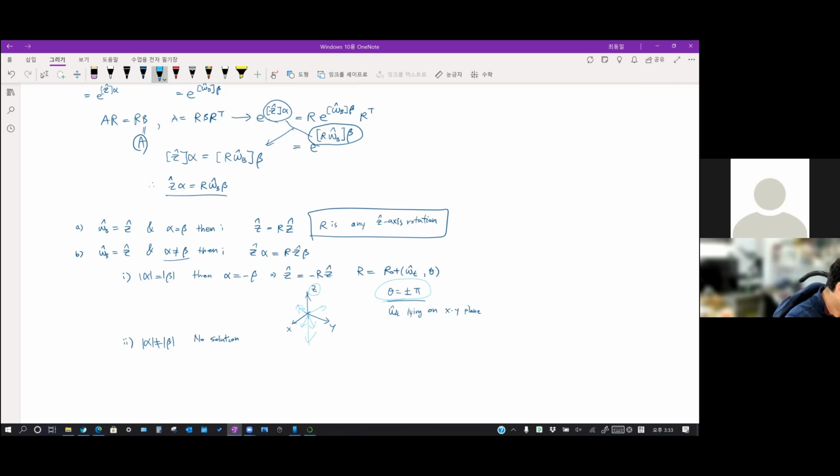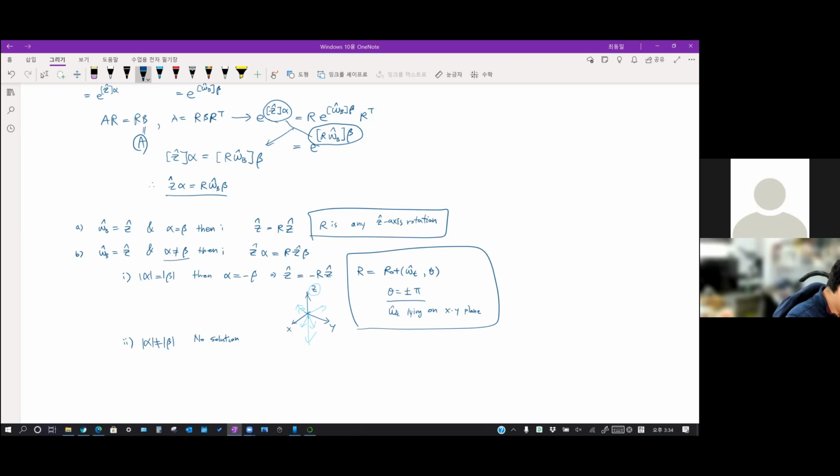So the solution is theta is pi or minus pi. The axis is some rotation axis lying on the xy plane. All the axes lying on the xy plane can be possible. So this is the solution of B.